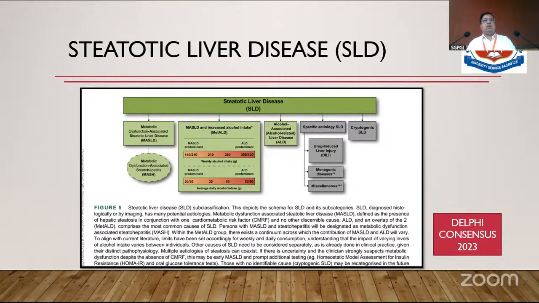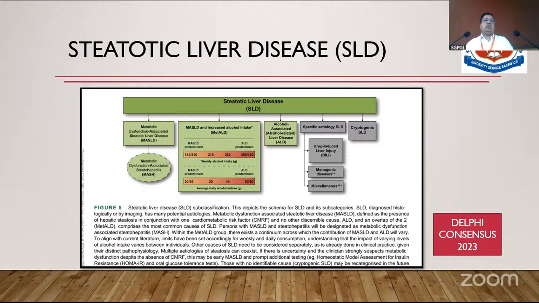But if alcohol intake is more than 20/30 and less than 50/60, and there is also a combination of metabolic risk factors, then it comes under MetALD. That means the patient is having both MASLD and alcoholic liver disease. The spectrum varies continuously depending on the amount of alcohol he or she is taking.